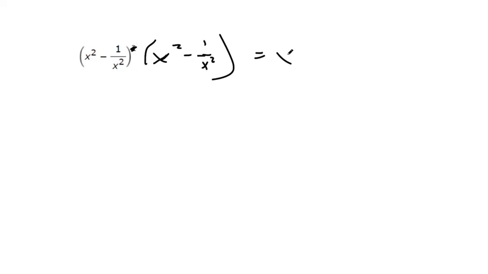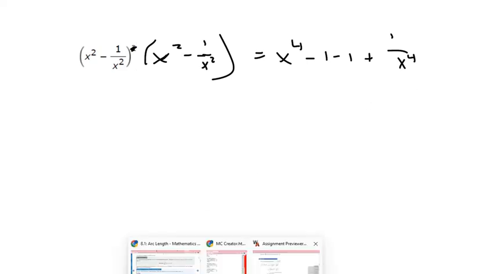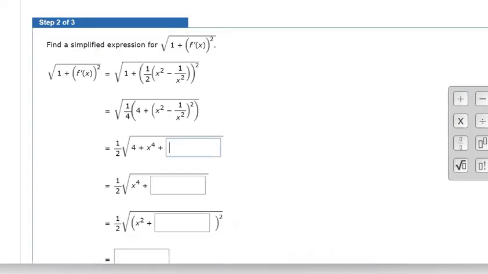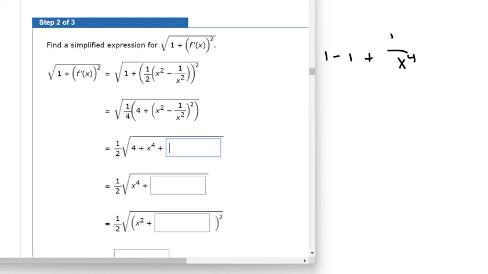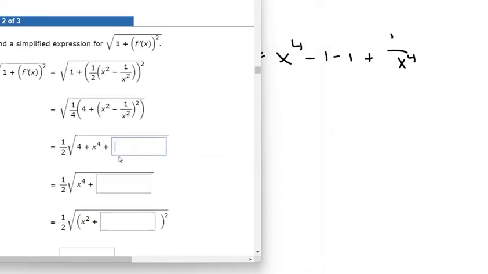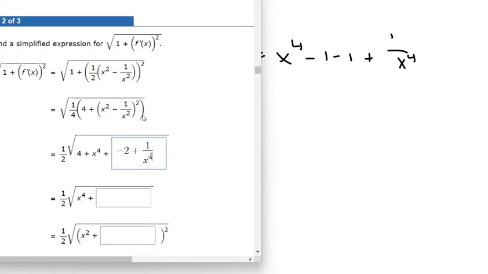So that's x to the 4th, and then this times this makes 1, this times this also makes 1, and this times this makes positive 1 over x to the 4th. I don't know which one they would want. I'll try the fully simplified one: x to the 4th, minus 2 plus 1 over x to the 4th.